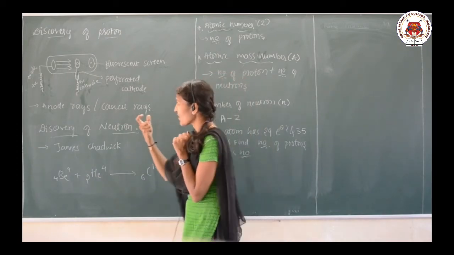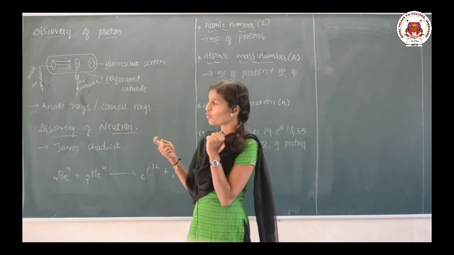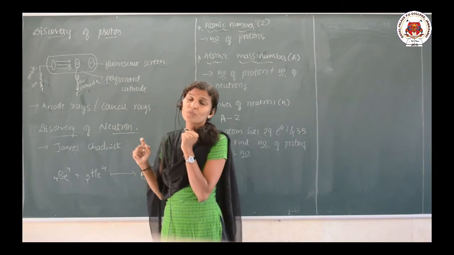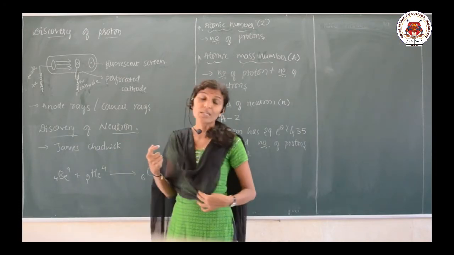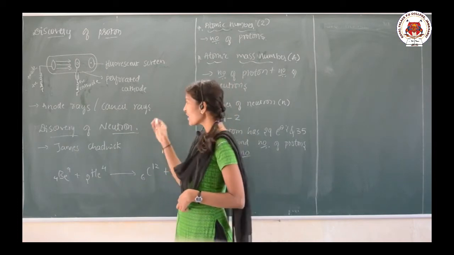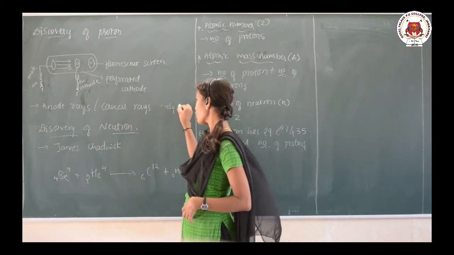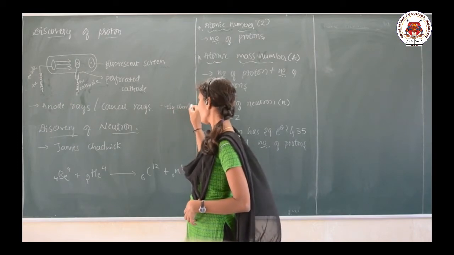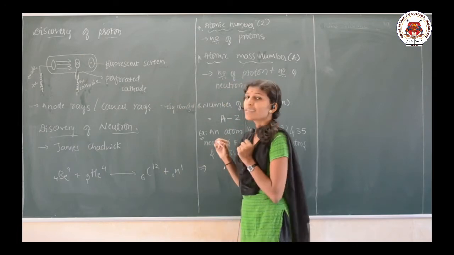These rays coming from the anode are said to be anode rays, or canal rays, and these rays are positively charged.